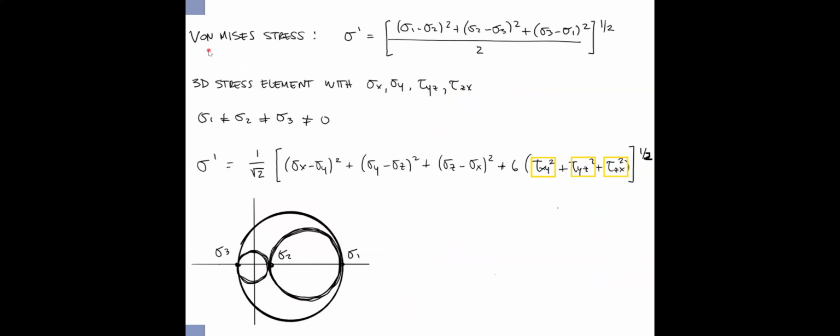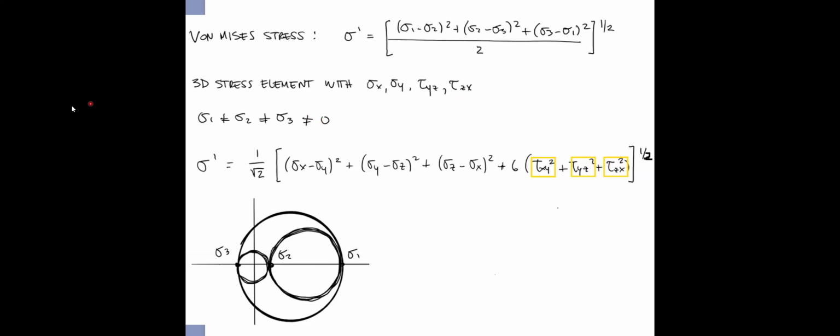Okay, so from the failure criteria point of view, we have to recap what we learned, the von Mises stress, sigma prime. Sigma 1, sigma 2, and sigma 3 represent the 3D principal stresses. The 3D stress element is subjected to the stresses sigma x, sigma y, tau yz, and tau zx, and we define sigma 1 is not equal to sigma 2, not equal to sigma 3, and not equal to 0.